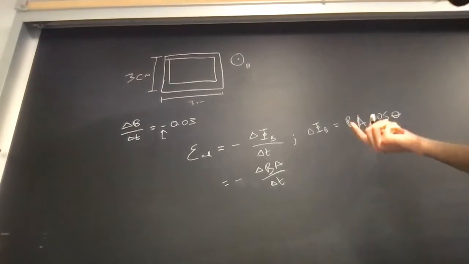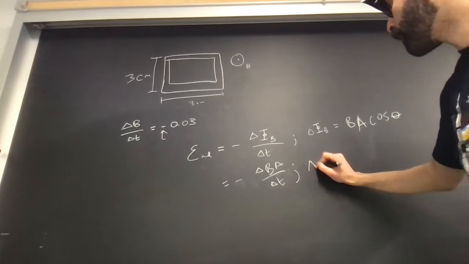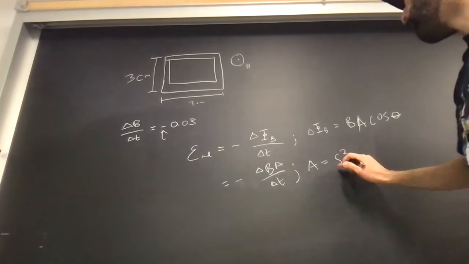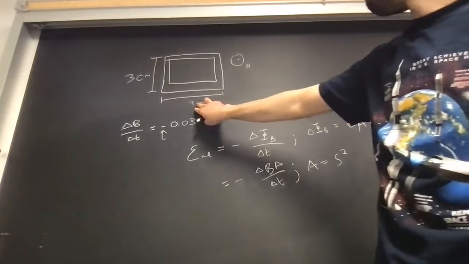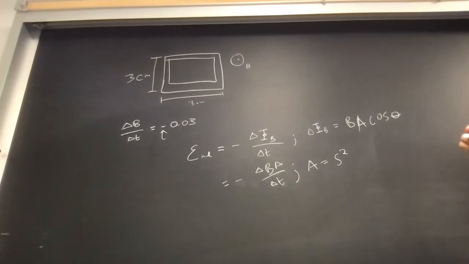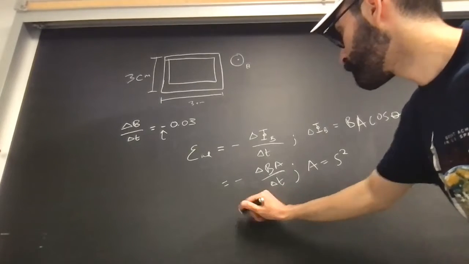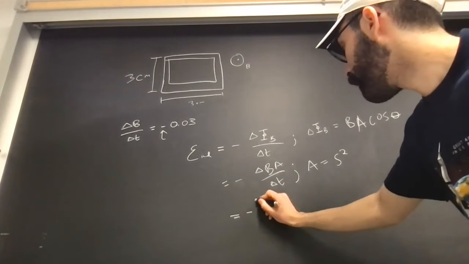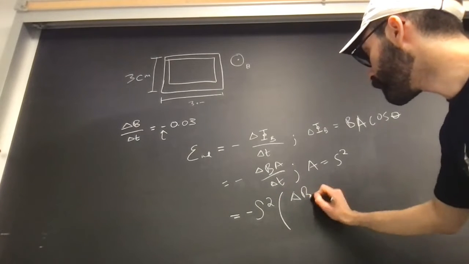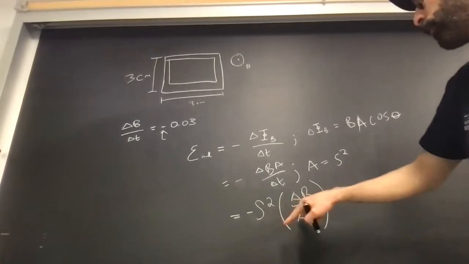Obviously the area is not changing. It's constant, this thing isn't growing or anything. The area equals S squared, where I'm choosing S for side, where S equals 3 centimeters or 0.03 meters. So we have minus S squared times delta B over delta T, and both of these things are given.